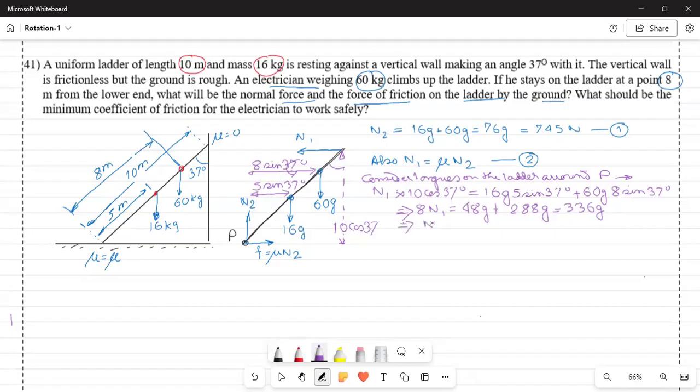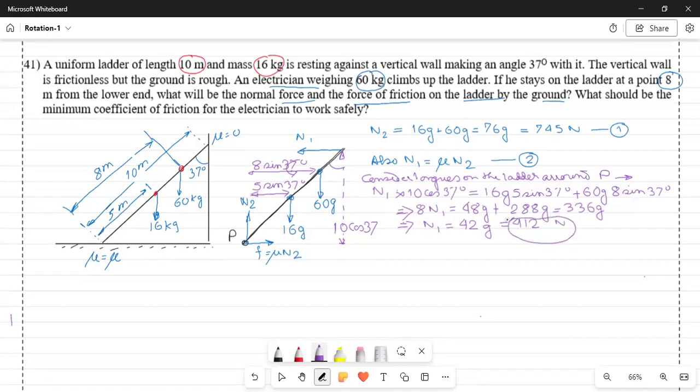Therefore, what is N1? N1 is equal to 336 divided by 8. So it is 42G. 42G is equal to approximately 412 Newton.